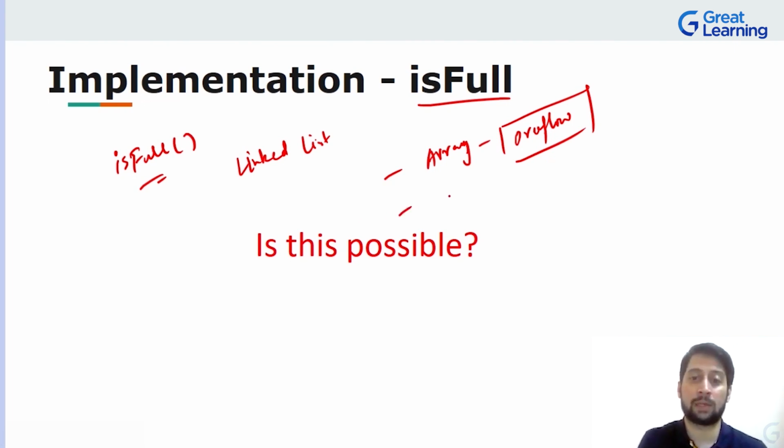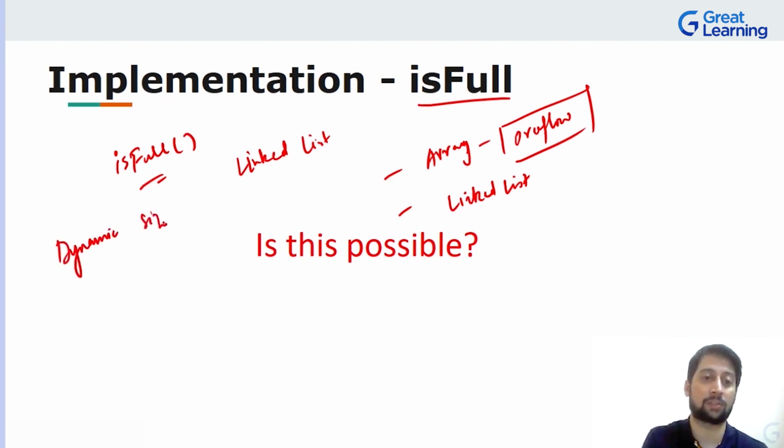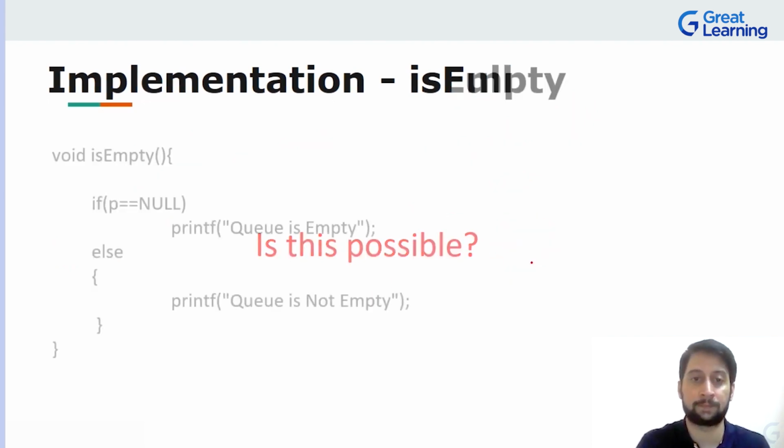But is it possible in a linked list? No. Why? Because there is no such thing as static size in a linked list. A linked list is of dynamic size, meaning we don't specify the size. That is why there is no overflow in the queue when we implement it using a linked list. So this is not possible. Okay, done.